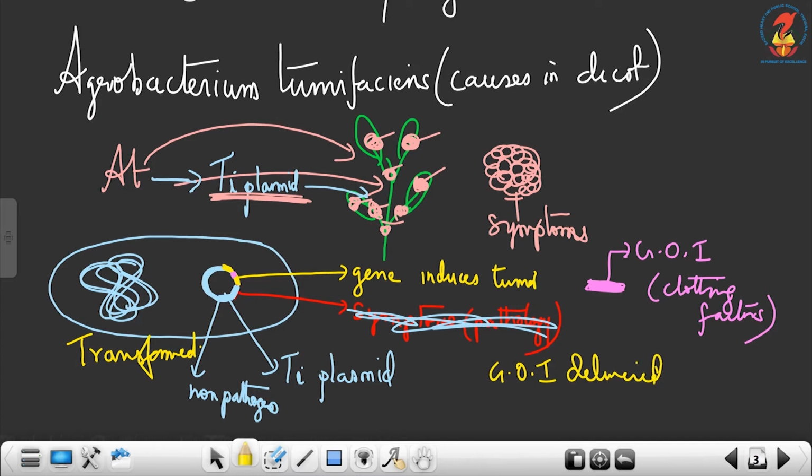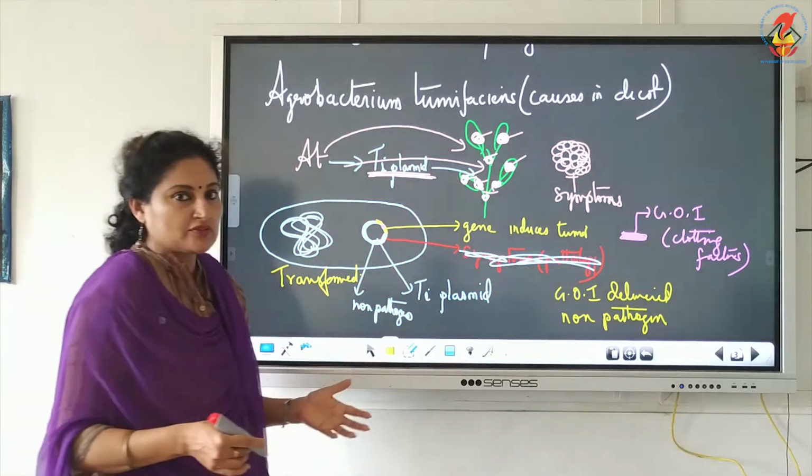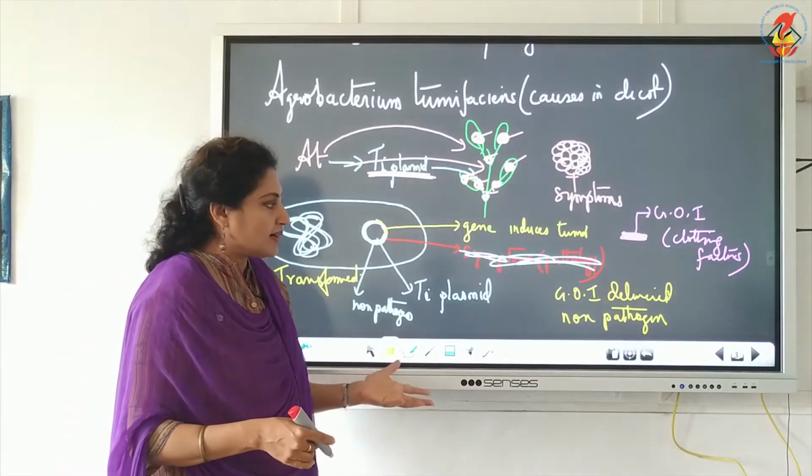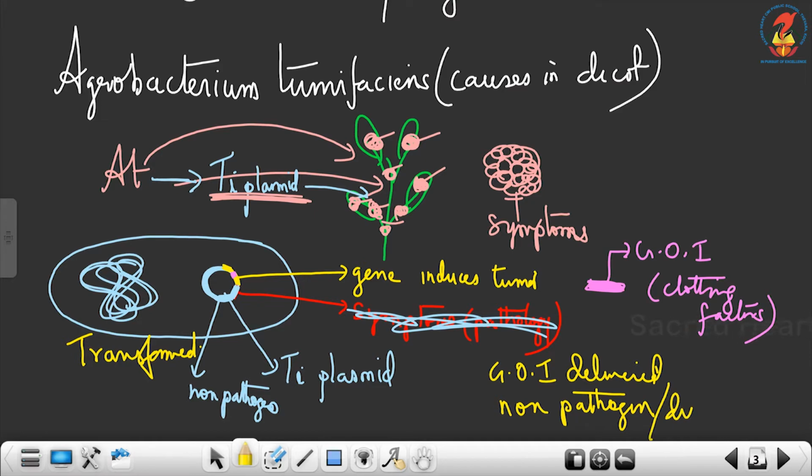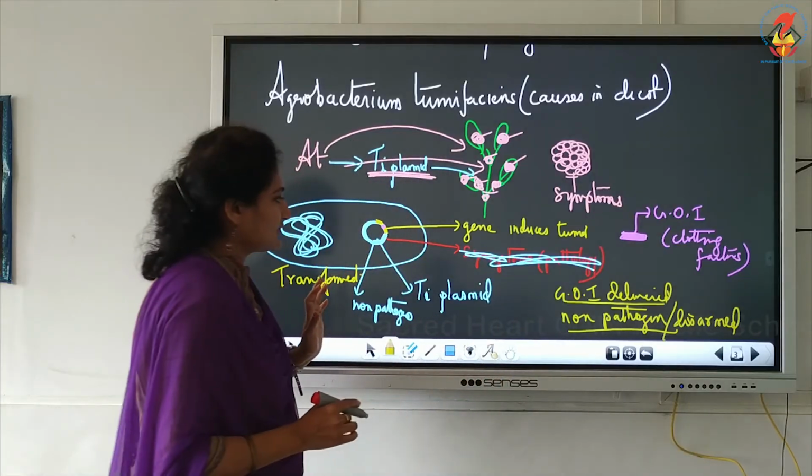Next is they have been made non-pathogenic. So these are the two modifications. It is made non-pathogenic or it is disarmed. And at the same time the gene of interest is delivered. So these are the manipulations.